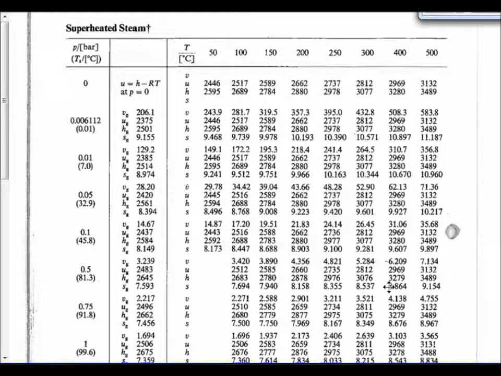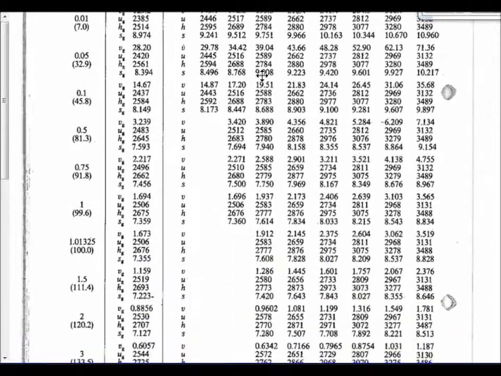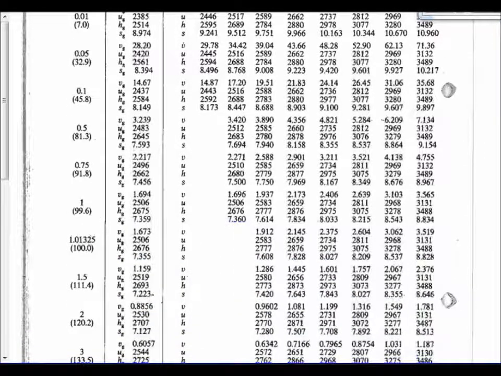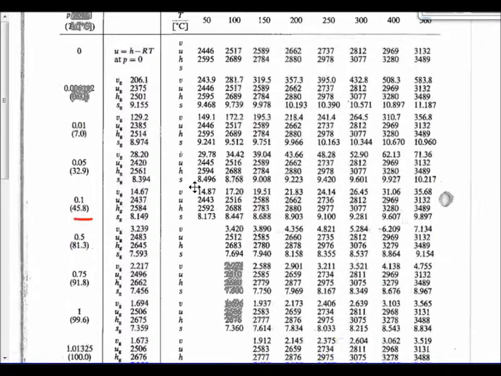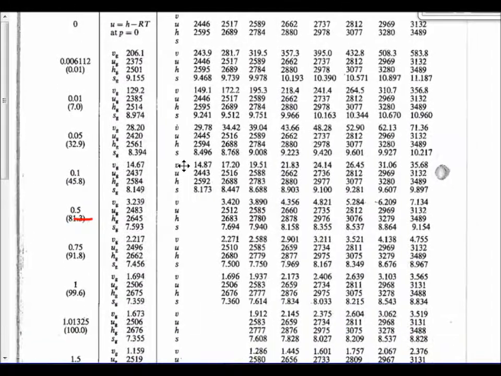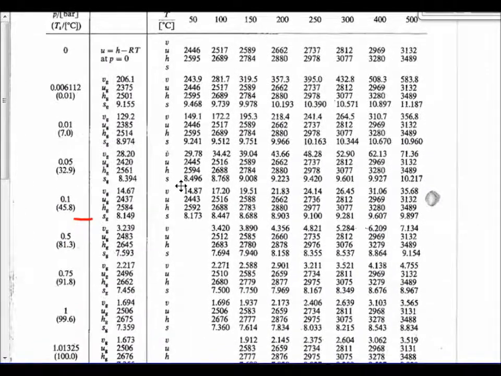And the main pane on the right hand side is giving us our values when the vapor has been taken above its saturation temperature. So again, for example, if we look at 1 bar, like we did a little while ago, then if you recall, the saturation temperature at 1 bar was 99.6. Now, if the temperature has been raised to, let's say, 150 degrees Celsius, then what we have to do is take our 1 bar, and let's say we want to find enthalpy.